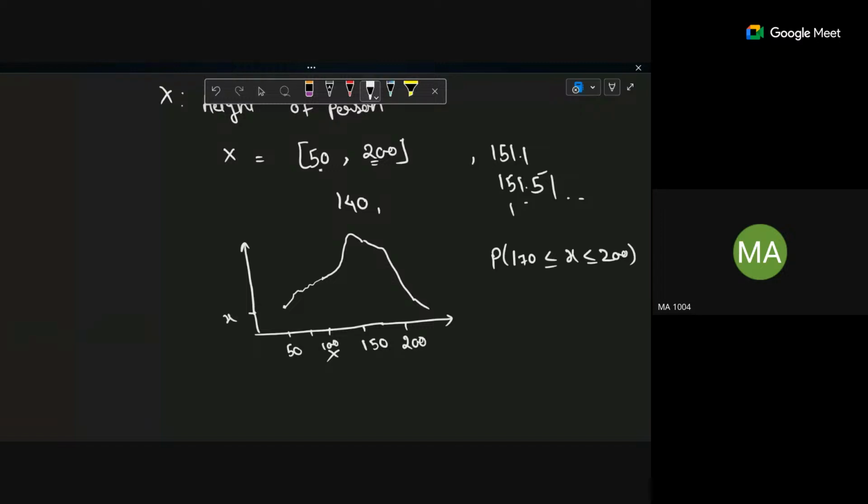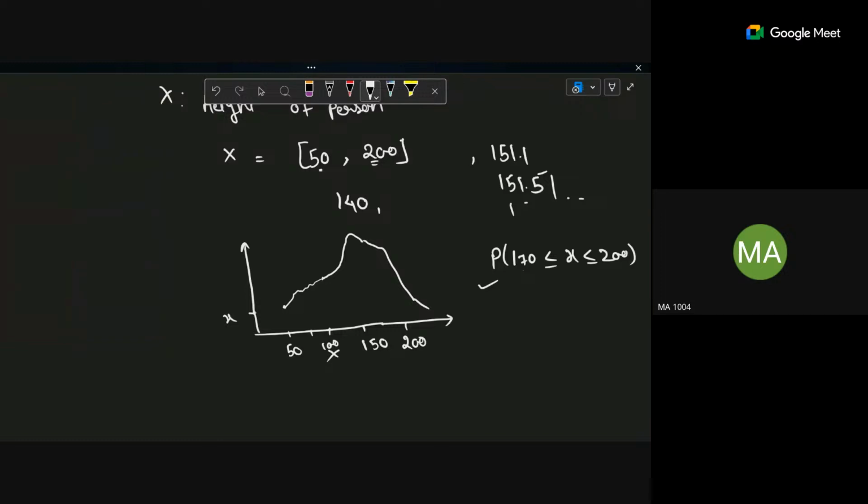It is possible, but it's a very tedious task, right? So you will just consider one small region or your neighborhood people's height, and you will collect some data and draw it. And for that region, if someone wants to know the probability that a person's height lies between 170 to 200, then what will you do?